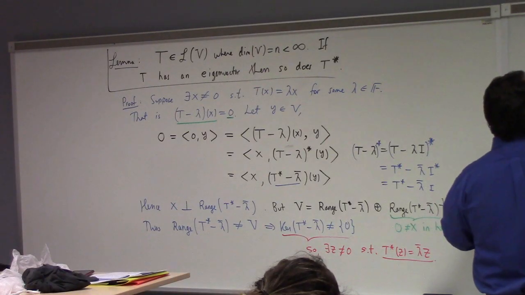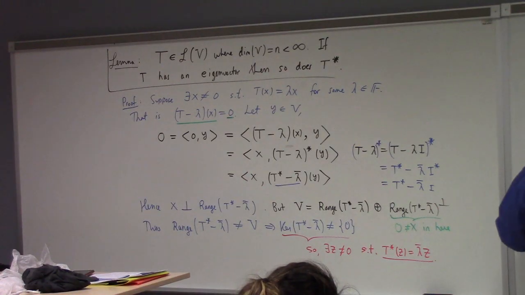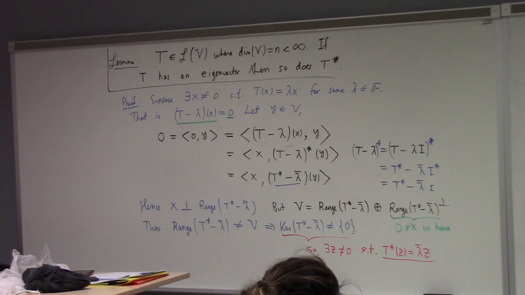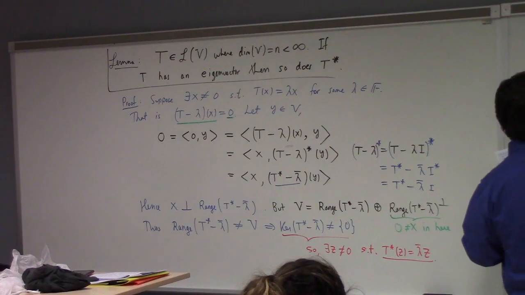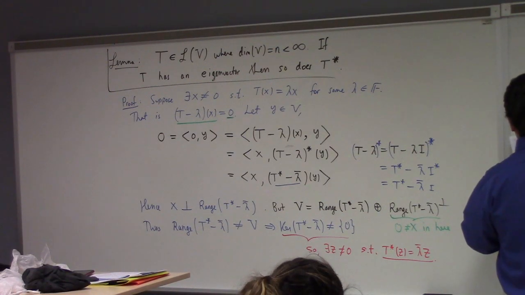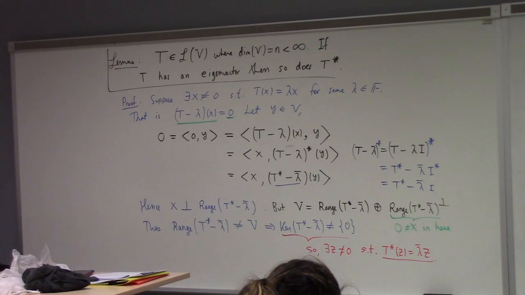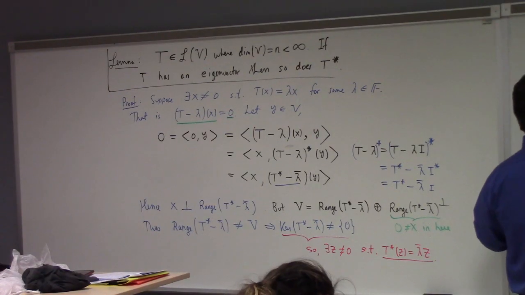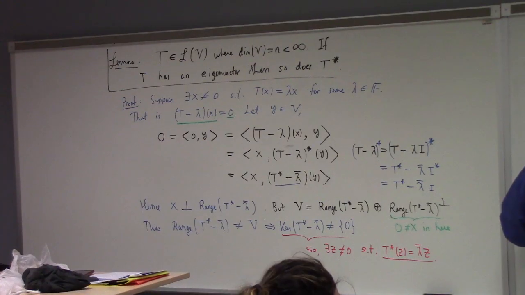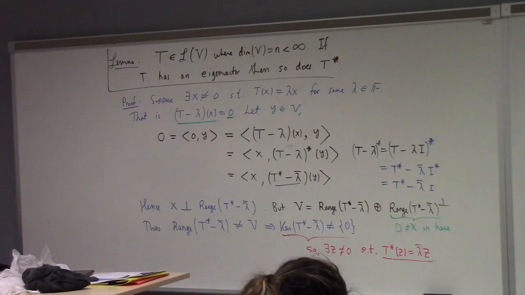It says that if you have T, a linear transformation on V, where V is a finite dimensional inner product space over F, then if P sub T of X, which is the determinant of X minus T, let's say, splits, then there exists an orthonormal basis gamma for V such that the matrix of T with respect to this basis is upper triangular.